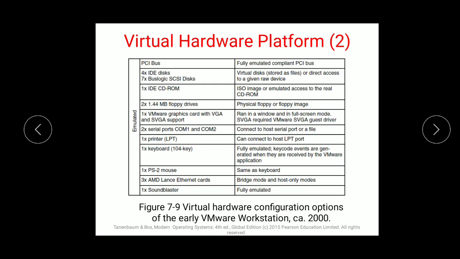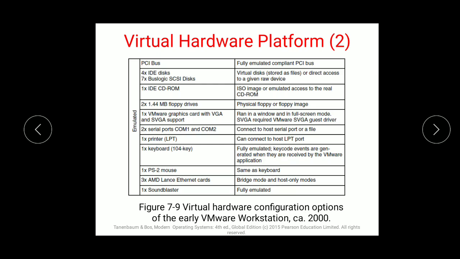Next is the PCI bus, a fully emulated compliant PCI bus, 4 IDE disks, 7 BusLogic SCSI disks, 1 IDE CD-ROM, 2 1.4 MB floppy drives, 1 VMware graphics card with VGA and SVGA support, 2 serial ports COM1 and COM2.